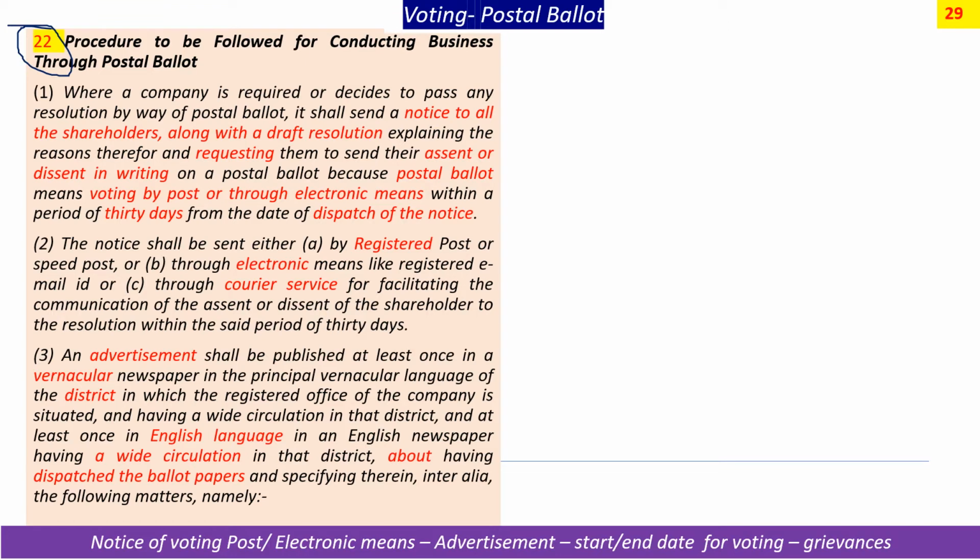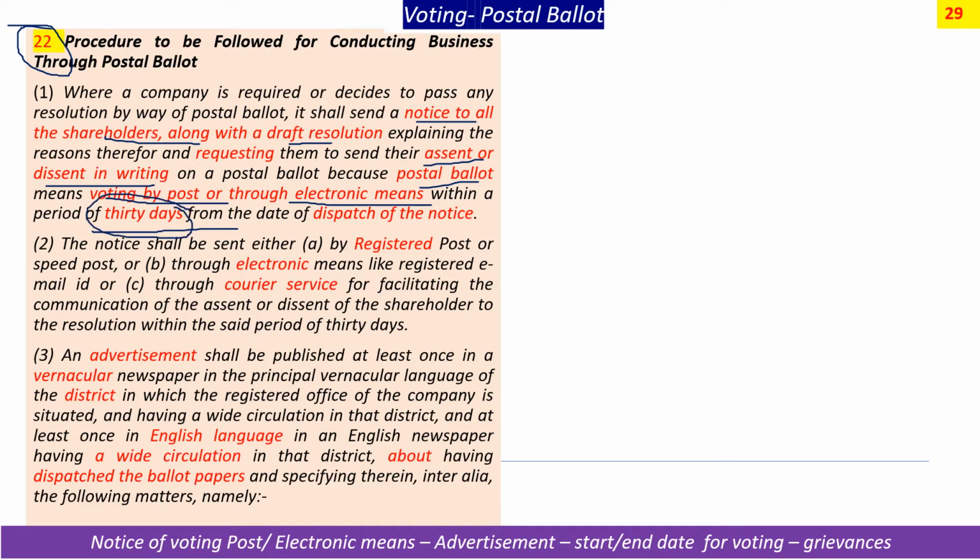Let us get into the details of it. Rule 22 says the procedure. Notice sent to all shareholders along with the draft resolution, and it will ask them to send your assent or dissent in writing by postal ballot sent to you, voting by post or through electronic means. The member has to send the consent or dissent within 30 days.